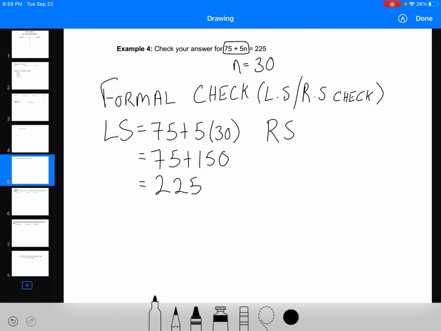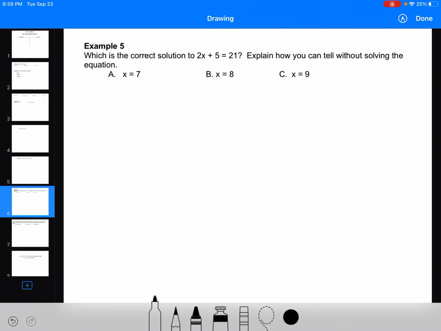And then I'm going to write right side equals, and I'm going to write exactly what's on the right side. In this case, 225. Since the left side equals the right side, that upside down triangle that looks like a therefore statement, therefore n equals 30. Okay, that's the only acceptable way to do a check.